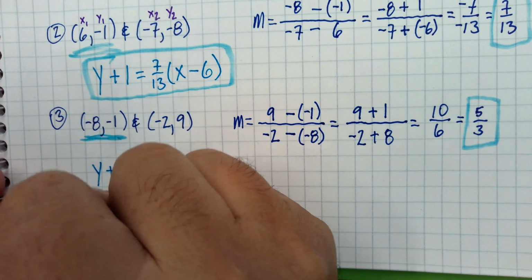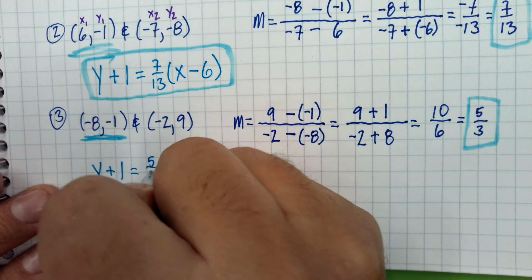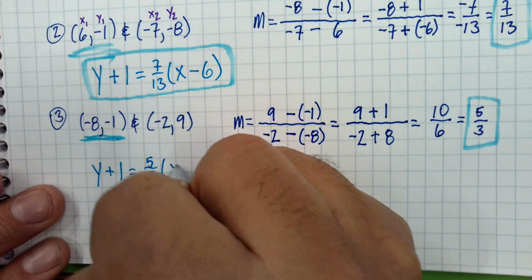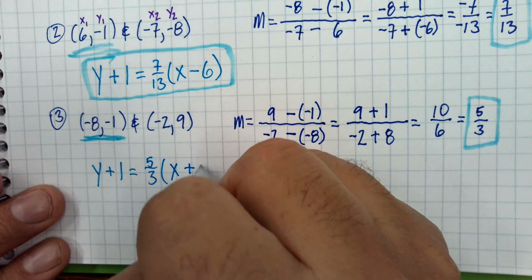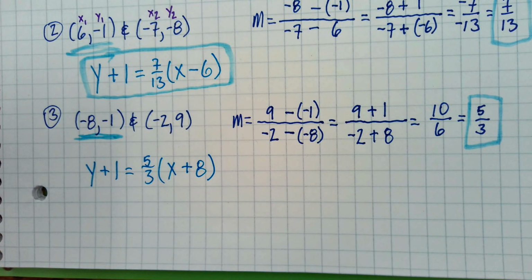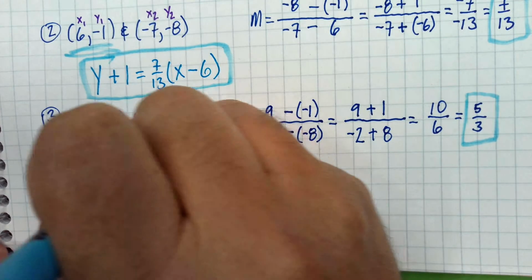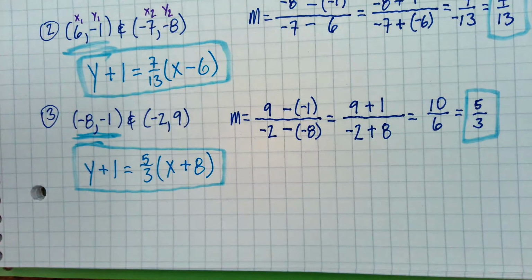Y plus 1 equals 5/3, parentheses, x plus 8. So that's the equation that I'll enter. So let's try that one. Y plus 1 equals 5/3, parentheses, x plus 8.